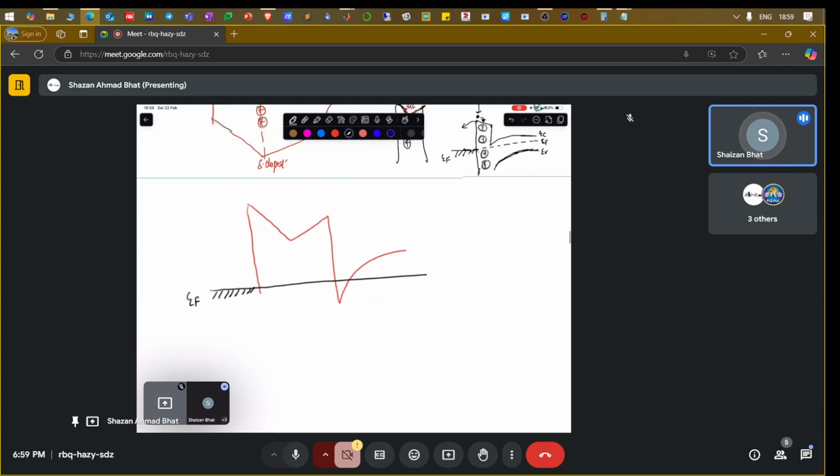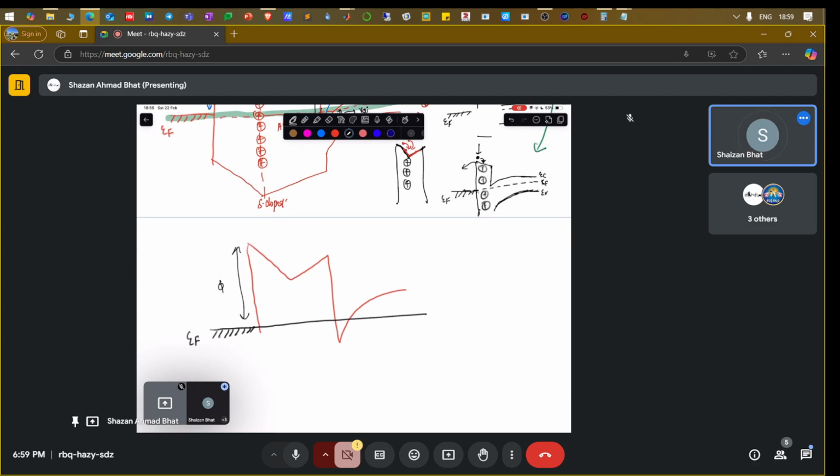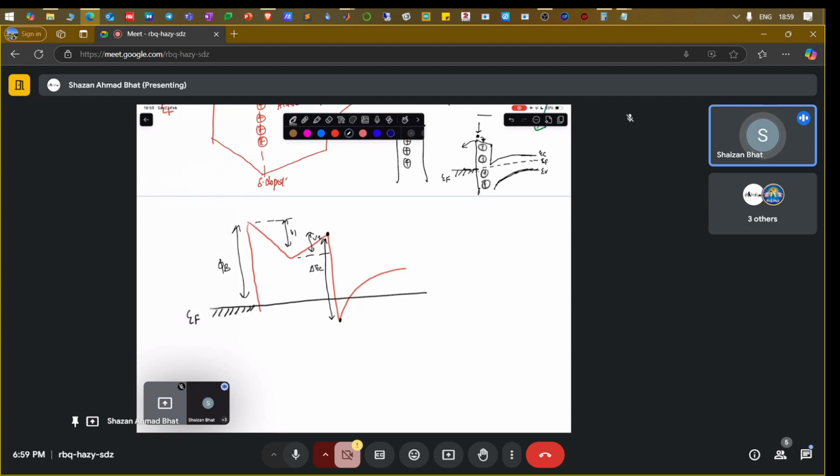So now you have all the other things: the phi b, this as V1, this difference as V2, and this whole as delta EC, because this is the conduction band of the gallium arsenide and this is the conduction band of the aluminum gallium arsenide. So this difference is the conduction band offset.